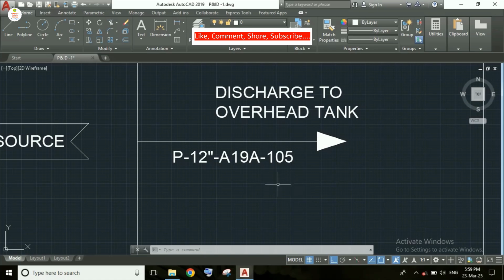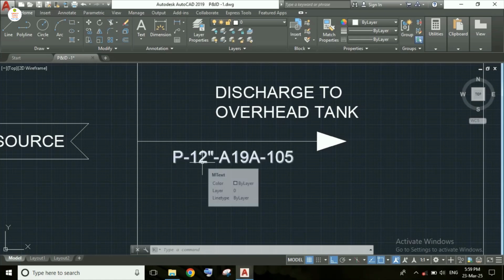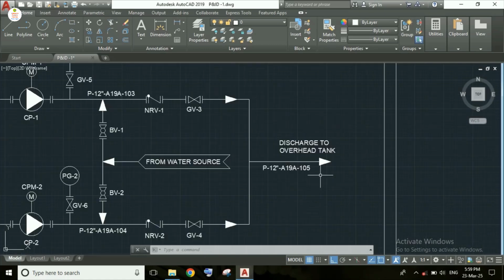Here P indicates process fluid, 12-inch indicates the line size or pipe size, A19A indicates the piping class, and 105 indicates the line number.